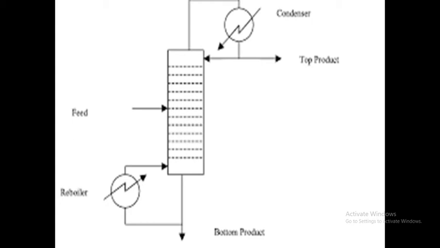So the highly volatile, low boiling point benzene component is vaporized and leaves the distillation column. Benzene vapor is sent into the condenser at high temperature. The purpose of the condenser is phase change from vapor to liquid at low temperature.